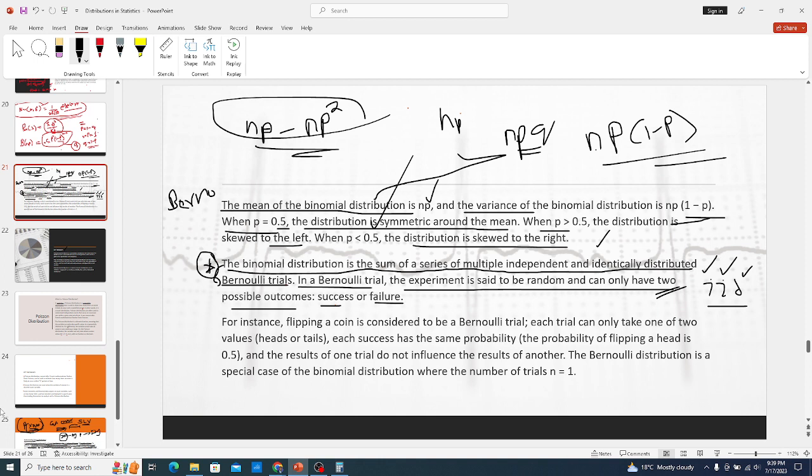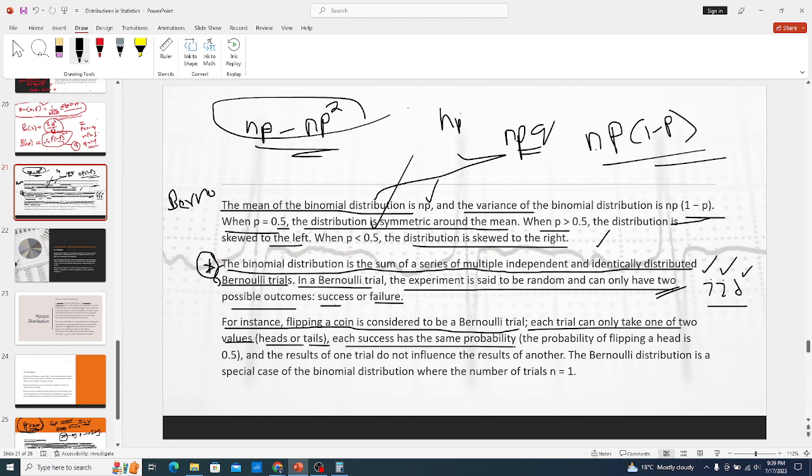For instance, flipping a coin is considered a Bernoulli trial. Each trial can only take one of two values, either head or tail.